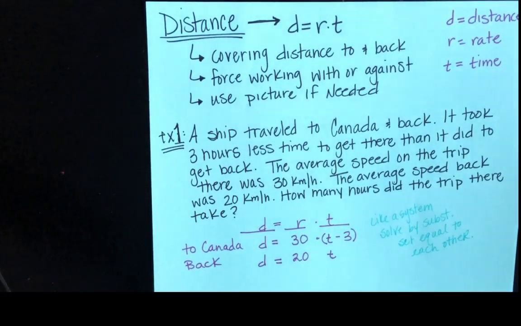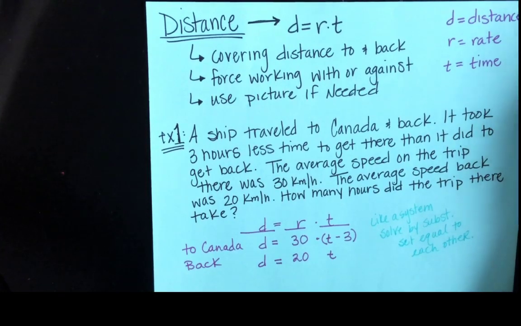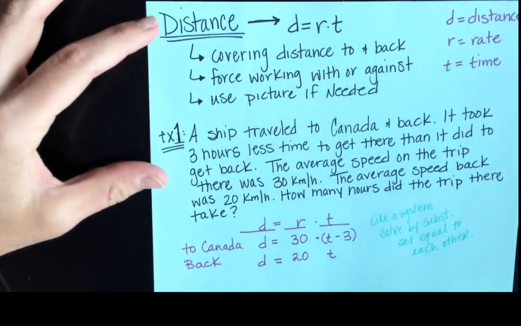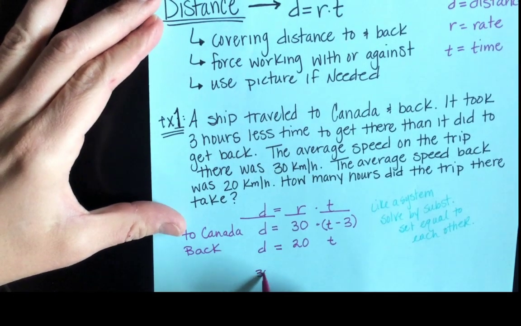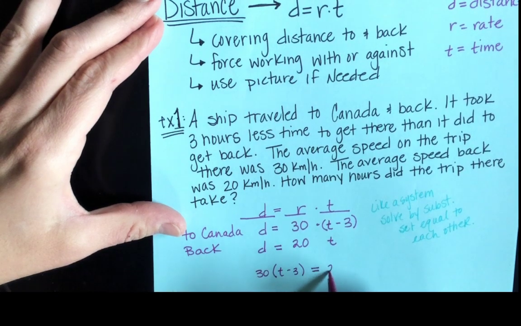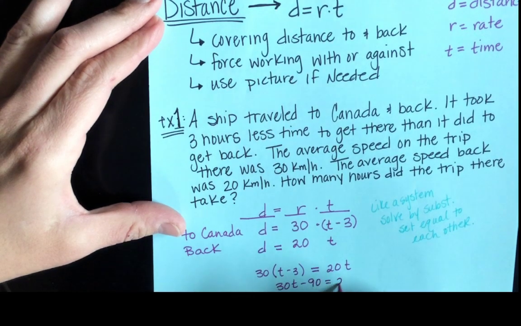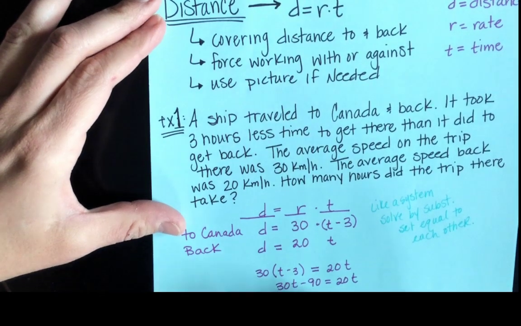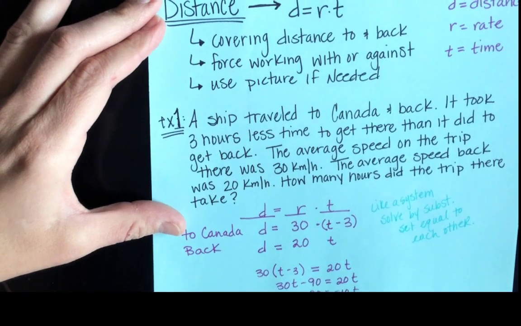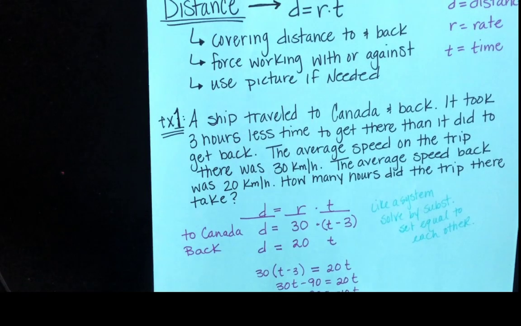So it is like our systems, and we're going to set these equal to each other in this case. And we end up with 30 times t minus 3 is equal to 20t. So we end up with 30t minus 90 equals 20t. If I subtract the 30t, I end up with negative 10. And when I divide, I end up with 9 equals t.